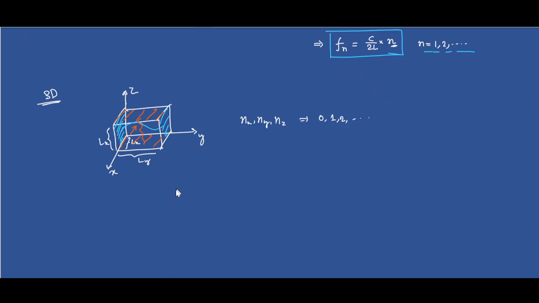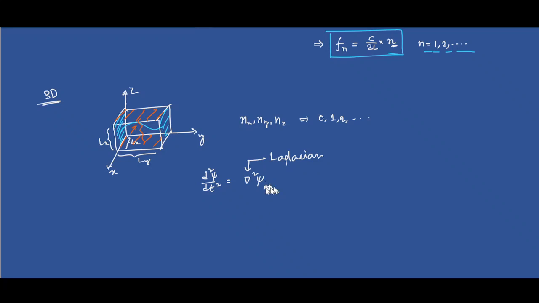The wave equation for sound wave is given by the Laplacian squared psi, where this symbol is the Laplacian, and psi is the wave function we are going to consider for sound wave.